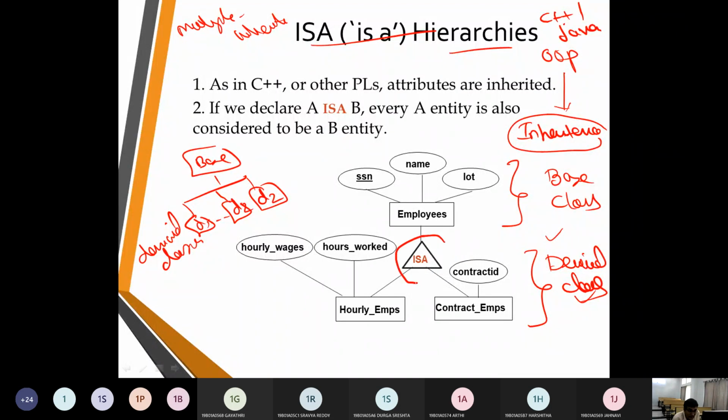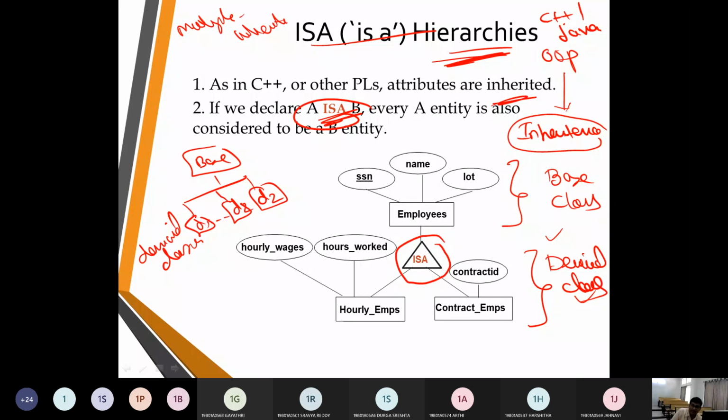Now this is a new form of representing the is-a relationship, as it is going to be hierarchical, as it is going to be inherited. Now we are going to put the symbol in a triangle, and we are going to label it with the words is-a relationship. Fine.